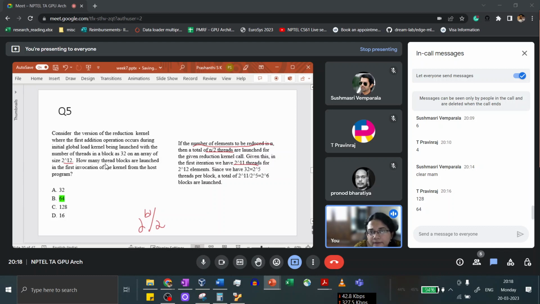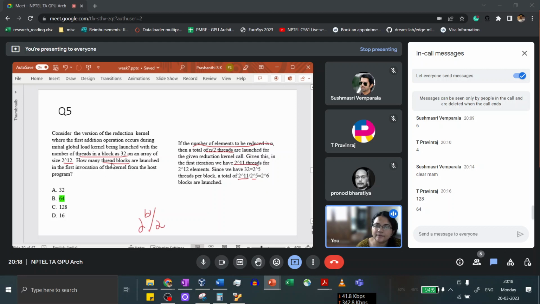But the question is, how many thread blocks are launched? And you are given the number of threads per block as 32, which is 2 power 5. So the total number of blocks is the number of threads divided by threads per block, right? So 2 power 11 divided by 2 power 5, which is 2 power 6.